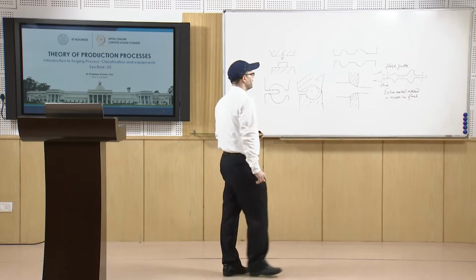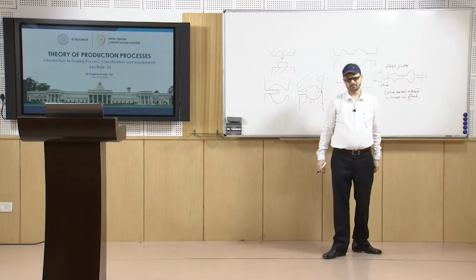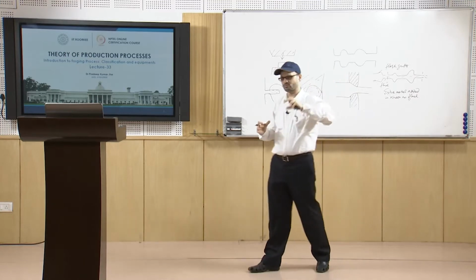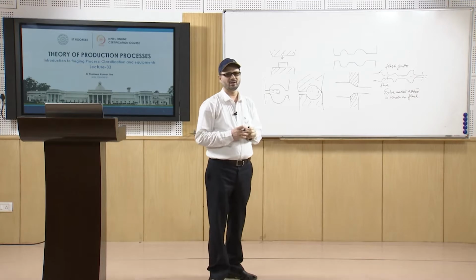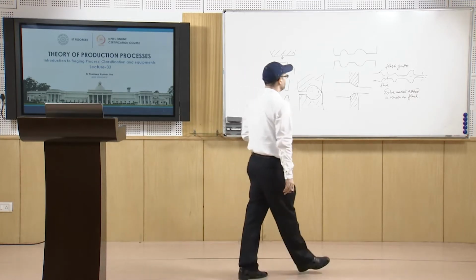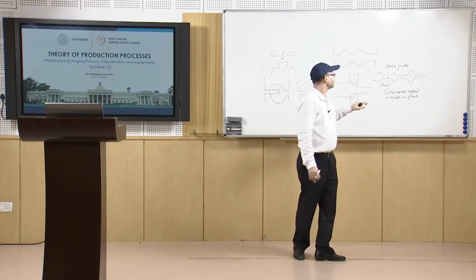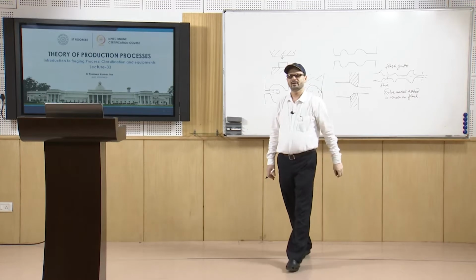In that case you require very large forging pressure, and there may even be breakage of the dies. So, you give some flash gutter so that the flash comes here and accumulates.